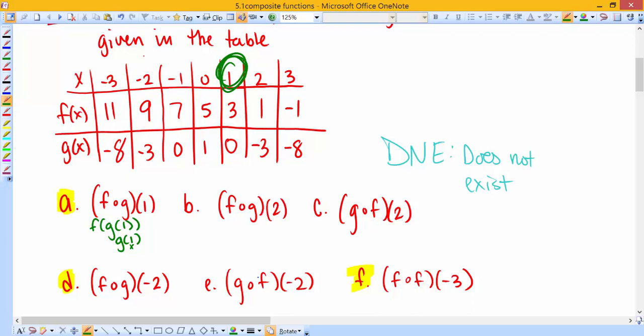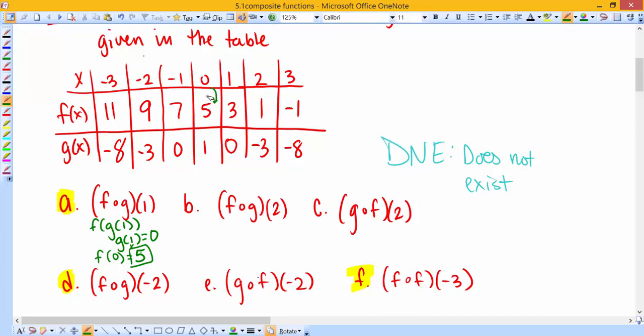Then I go to the part of the table that says g, and that is 0. Since f is on the outside, where I see g of 1, I am going to put 0. So I want f of 0. So now I'm going to go to where 0 is. So here's my 0. Since it's f of 0, I go to the f row, which is 5. So my final answer is 5.